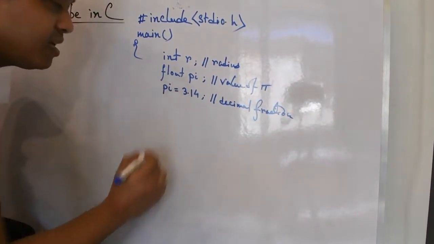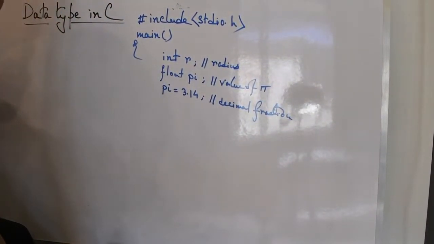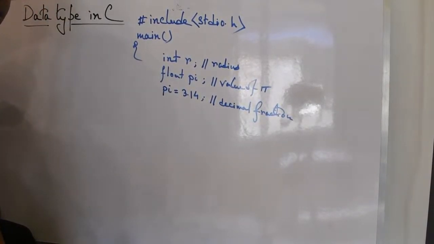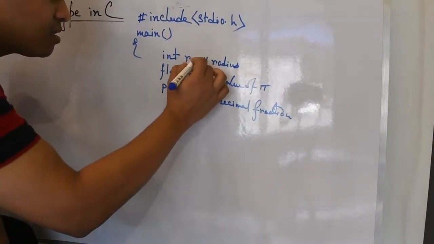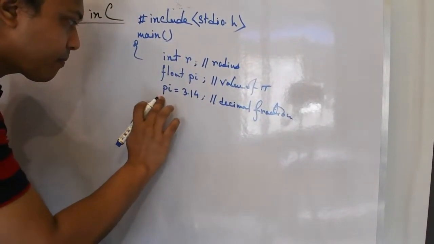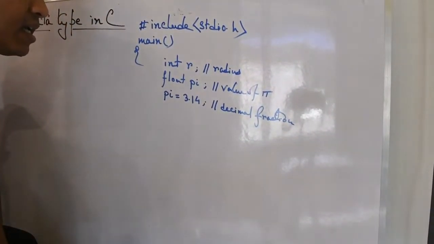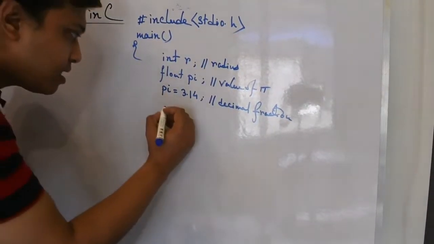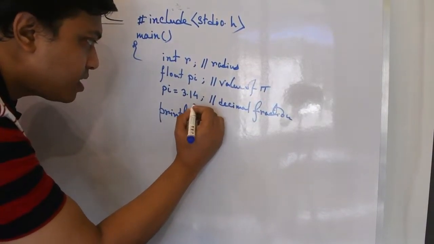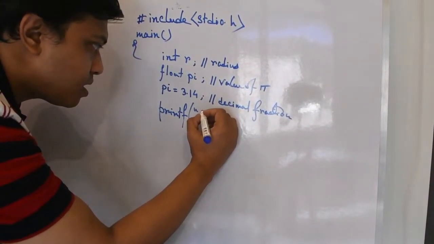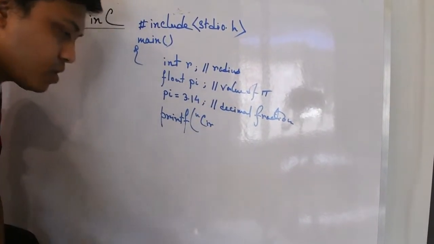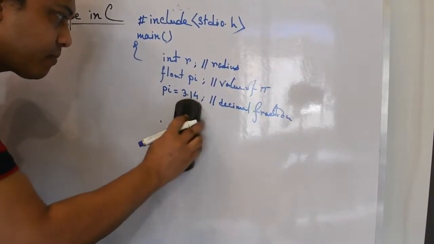Then comes the result: what will be the circle area? We will print it. We will take the value of the radius first.